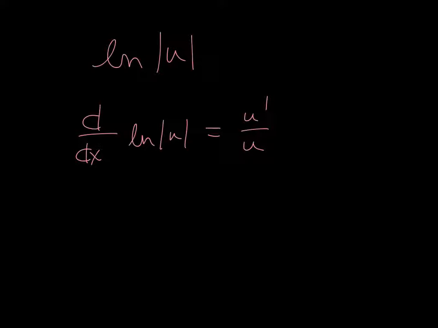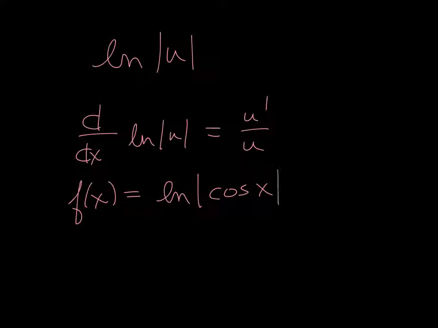So if I wanted to take, say, f of x equals the natural log of the cosine of x. Because cosine could be positive, it could be negative. Absolute value bars tell us we're taking the positive value. But if we take the derivative, what is the derivative of the cosine?